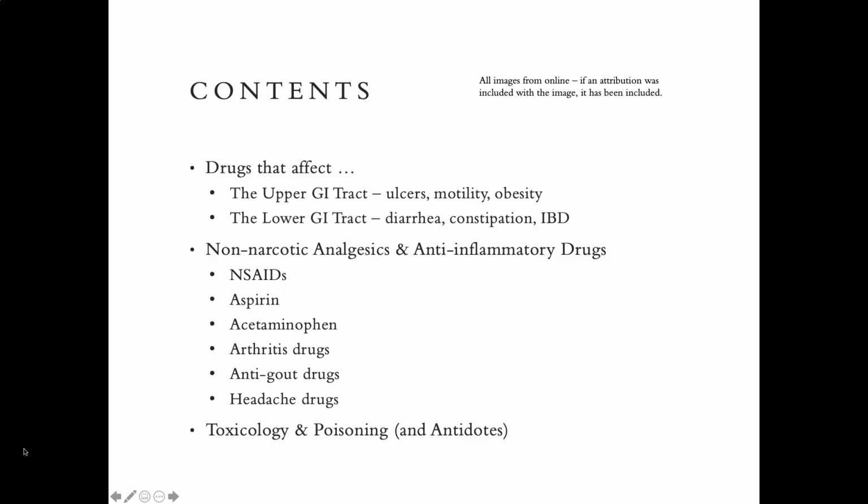We're going to specifically look at NSAIDs, or non-steroidal anti-inflammatory drugs, aspirin, acetaminophen, arthritis, anti-gout drugs, and headaches, like headache and migraine drugs. And then we're going to finish up talking about toxicology and poisoning as well as antidotes.